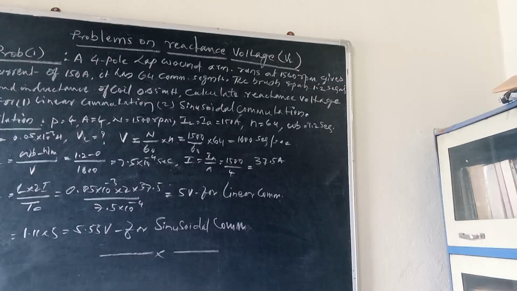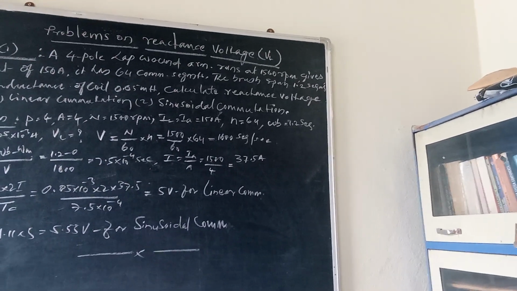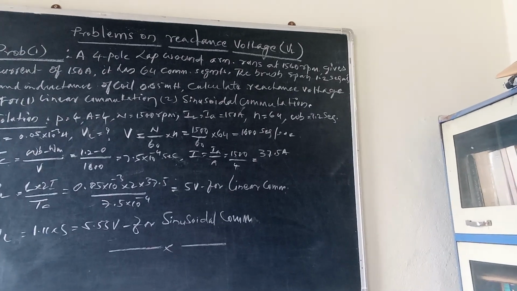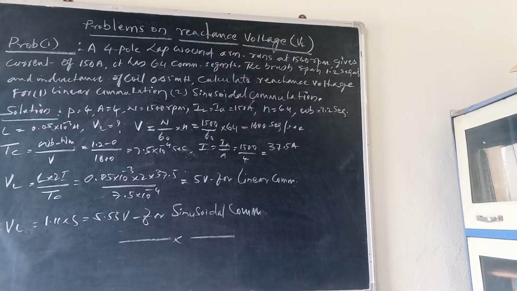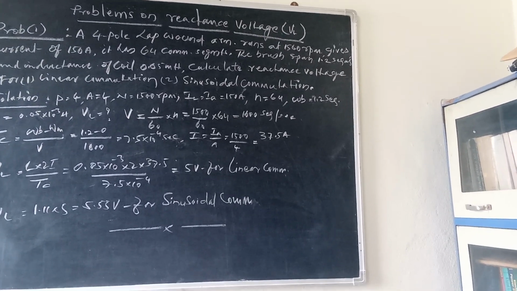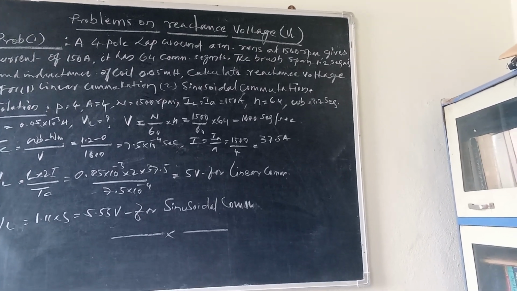Number of segments is 64, denoted by N, and width of the brush is 1.2 segments. Inductance is 0.05 into 10 to the power of minus 3 henry. The reactance voltage VL is the question.